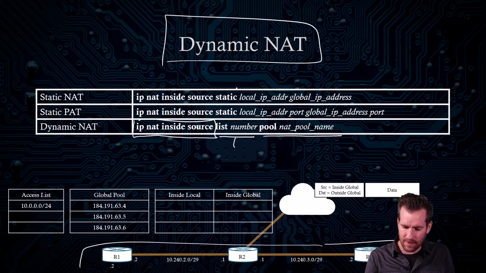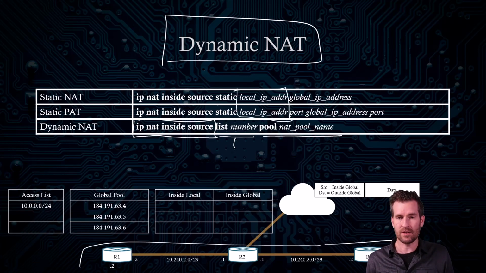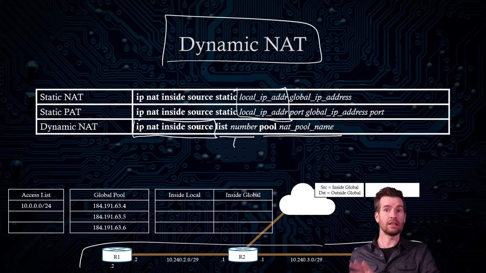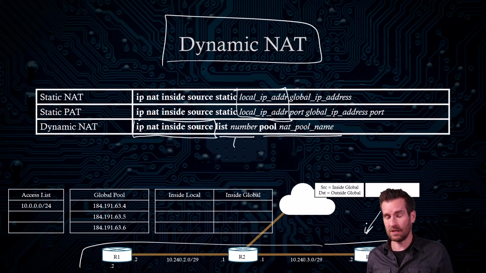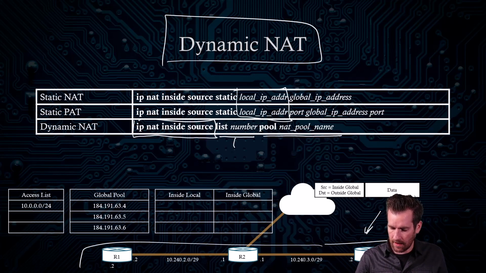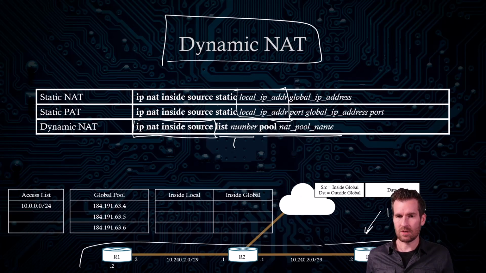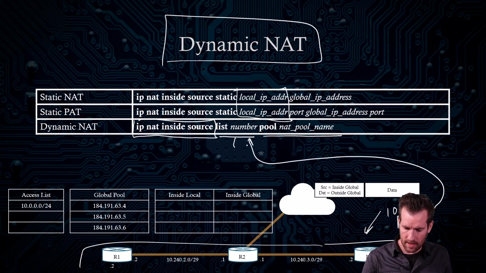So rather than specifying the specific local address that we have, we're going to say all of these, and as an example in our network that we've been creating, maybe it's going to represent all of the 10.0.0 addresses. We would define this using an access control list. So maybe I create an access control list 1, and that access control list 1 is where that number goes, the number right there.